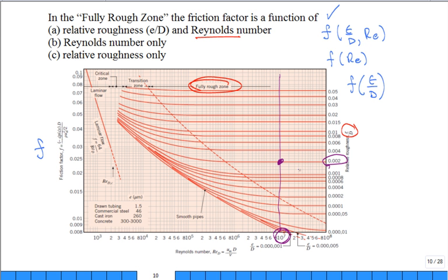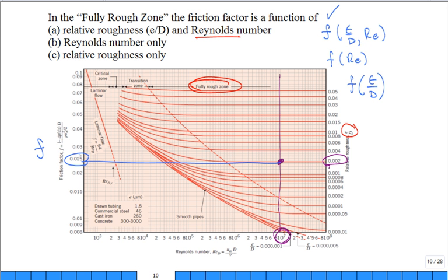Hence, to read off the friction factor, f, I come over and I read it. True? So at that point, am I in the fully rough zone? Yeah, we're in the fully rough zone.